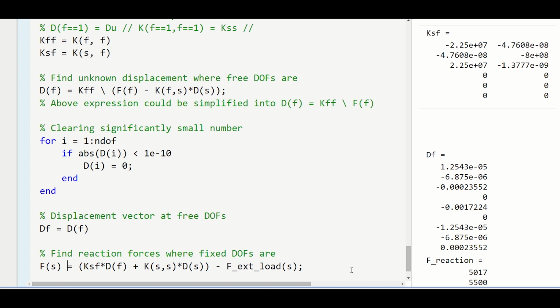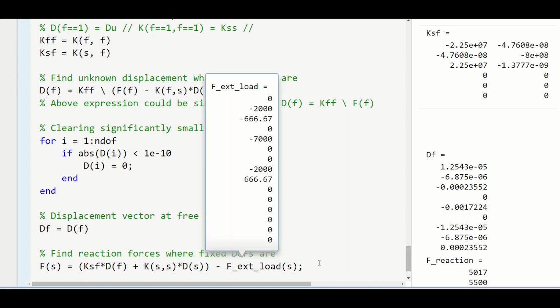But remember your force vector, your F net, consists of your equivalent loading plus the reaction force. So to get the reaction force, subtract from the left hand side, from the right hand side, the external loading vector.